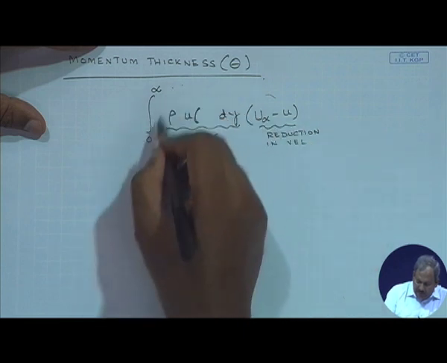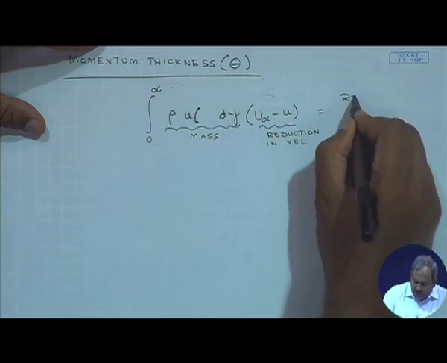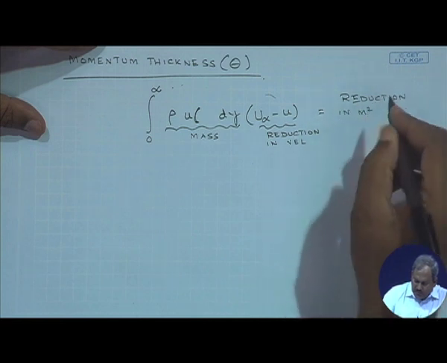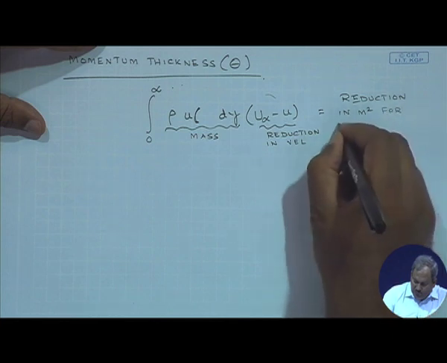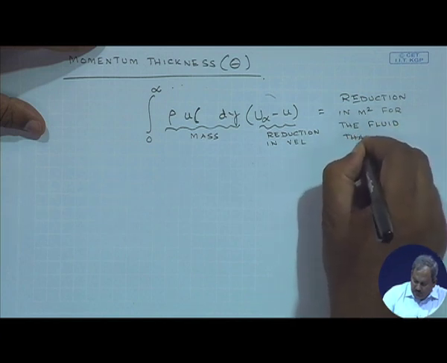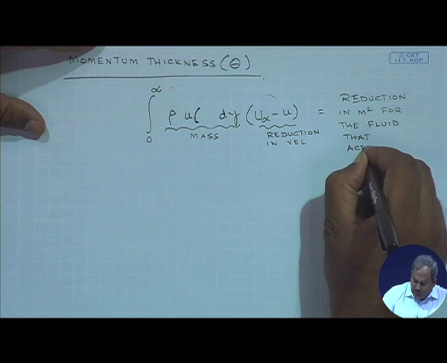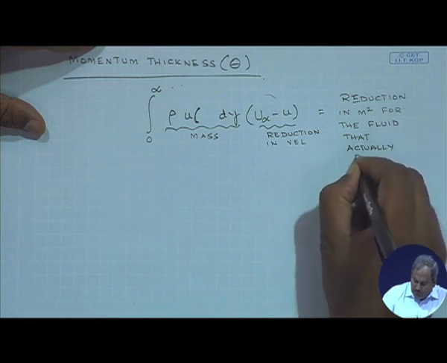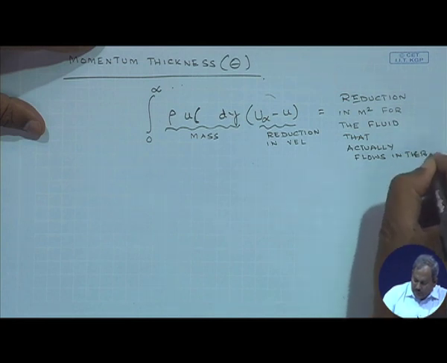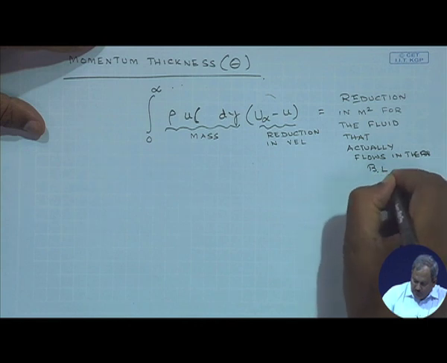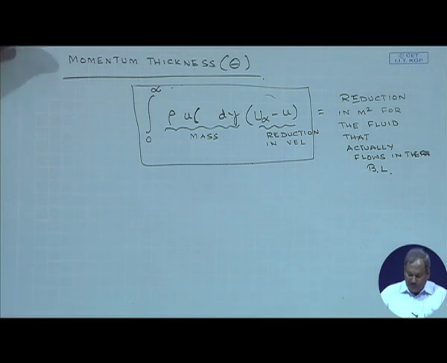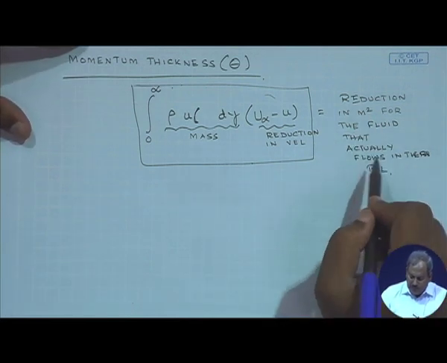So, together this integrand gives me the reduction in momentum for the fluid that actually flows in the boundary layer. So, this essentially is then the reduction in momentum for the fluid that actually flows in the boundary layer.